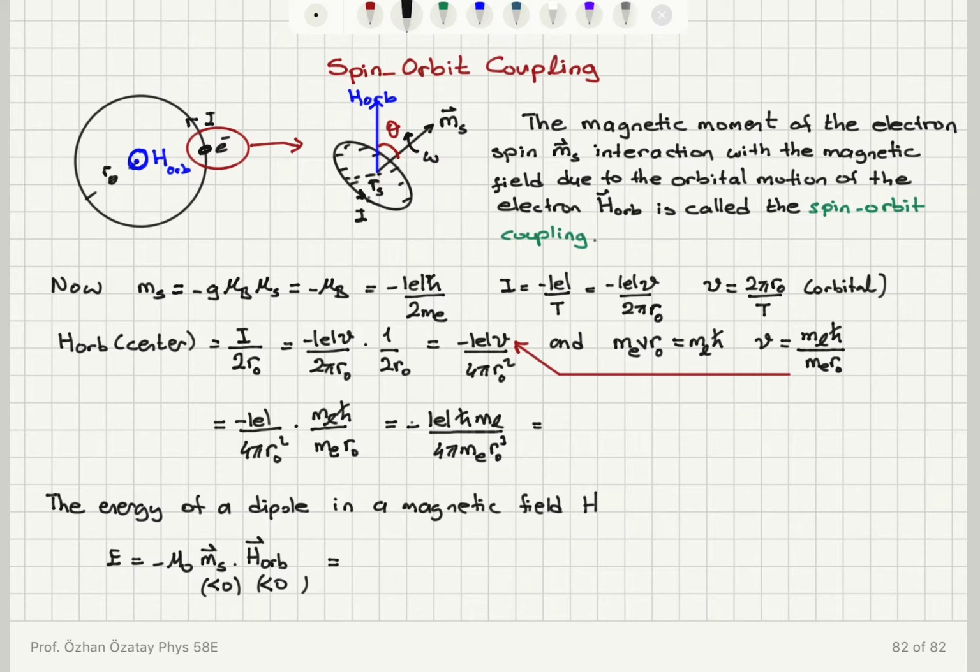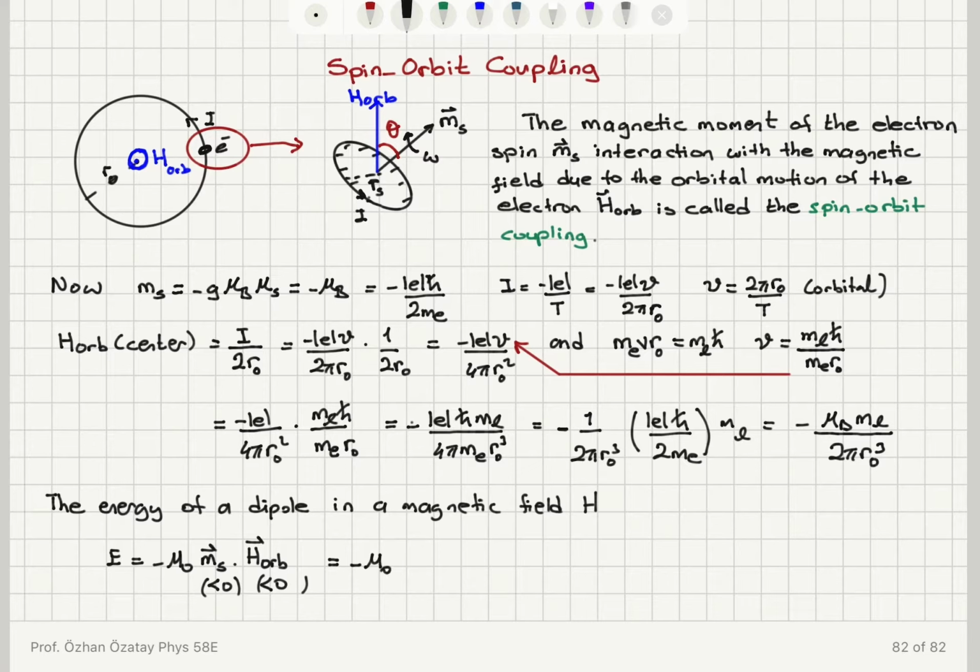This is minus 1 over 2 pi r_0 cubed multiplied by e h bar over twice mass of the electron times m sub l. So this can be written as minus a Bohr magneton, the magnetic quantum number m sub l, divided by 2 pi r_0 cubed.